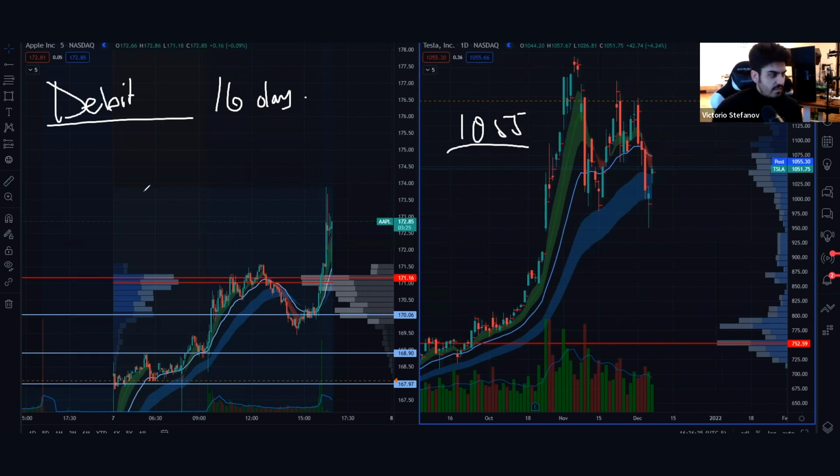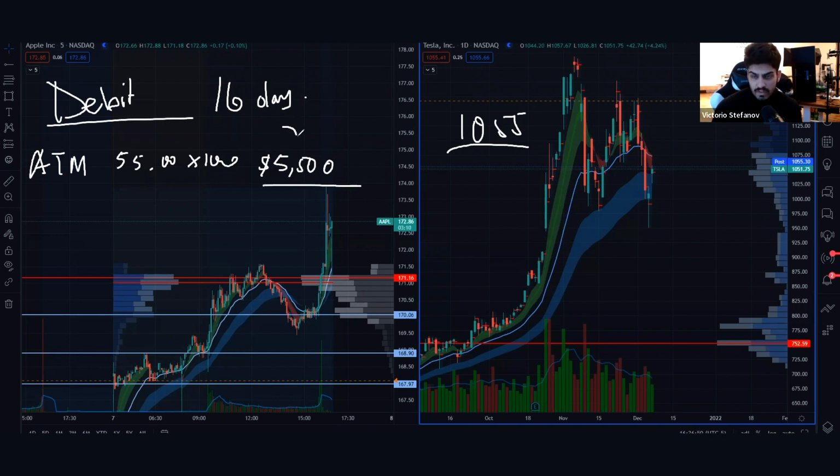So at 10.55 at the money, the strikes that are at 10.55 are worth $55 a contract times 100. This is $5,000 and $5,500 a contract. So that's super expensive at the money. I don't want to be able to potentially lose this max premium. Number one, I'm going to go out of the money naturally.